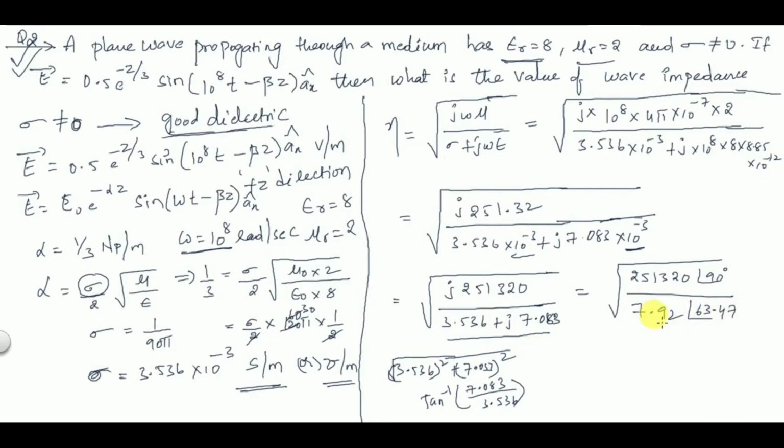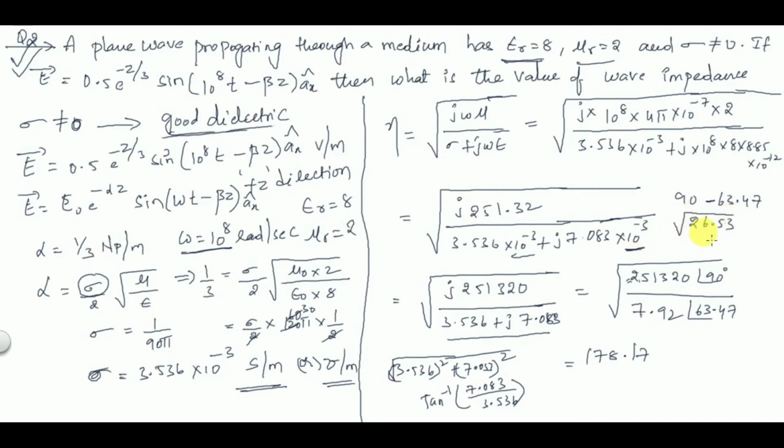Okay, so 7.92 and 251,320. If you divide these two magnitudes and take under root, you'll get 178.17. And how can you write the angle? The angle will be 90 degrees minus 63.47, so it will be around 26.53.